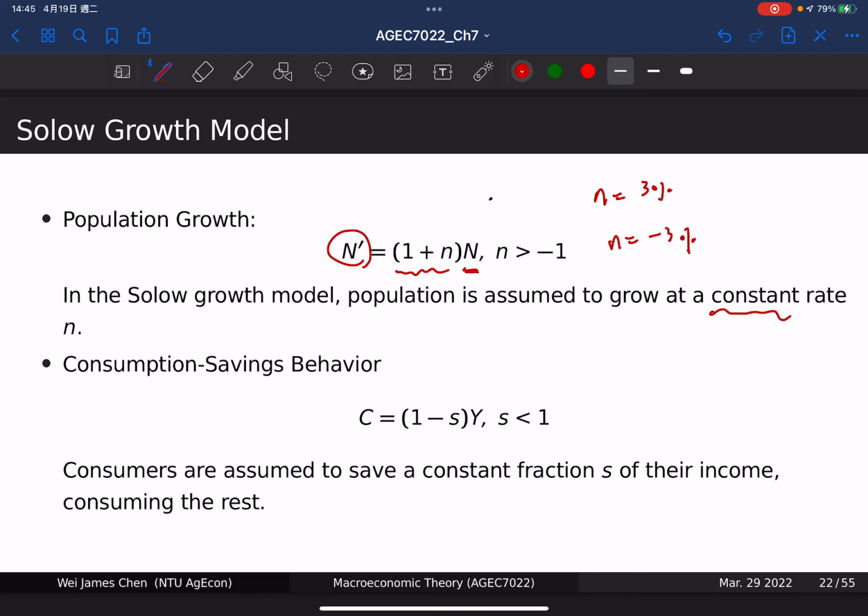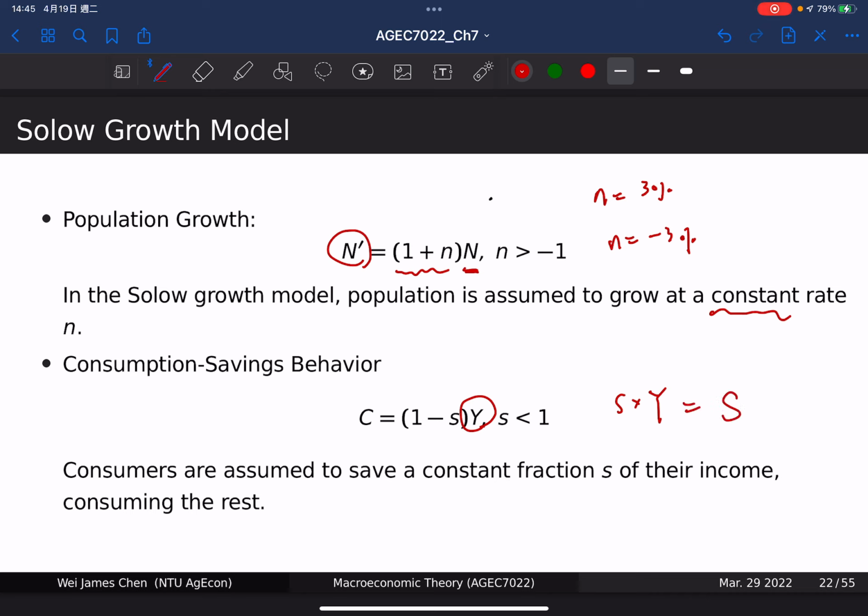So basically, there will be an output Y, and this Y is the total output. And the consumption will be just 1 minus s times this Y. That means the s times Y part is the total saving.